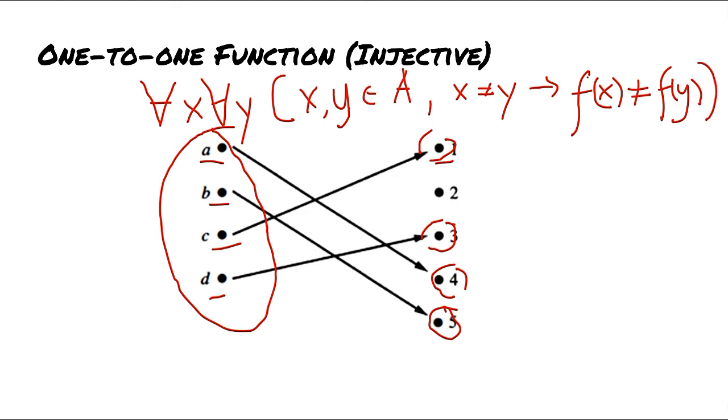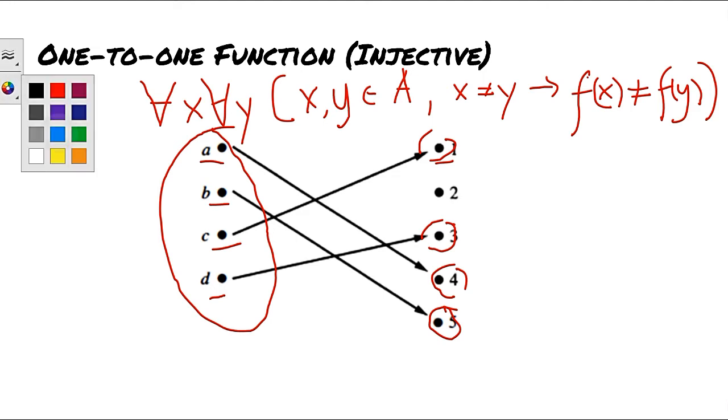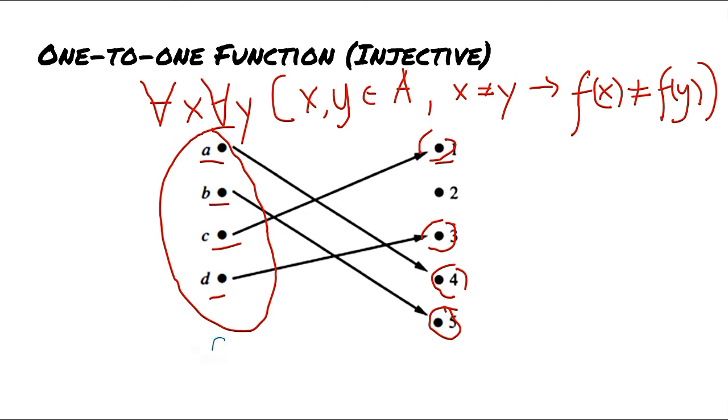A counterexample to this is, what if we have an additional element, say that element is E, and I also assign E to 5. So in that case, this will be already a counterexample, because B is already assigned to 5.